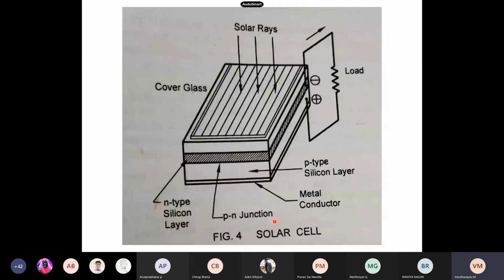The silicon which is added with boron is called P type, which is positive charge silicon. The charge distribution near the PN junction gives rise to an electrical field, and hence a potential difference across the junction, which is utilized if an external load is applied. This charge difference will drive a current through it.